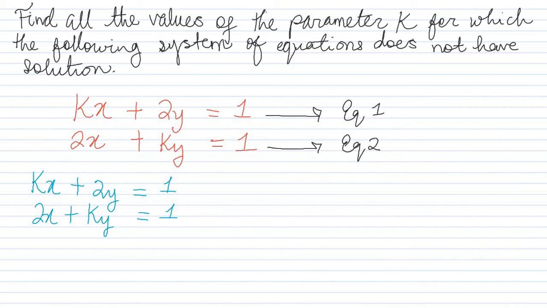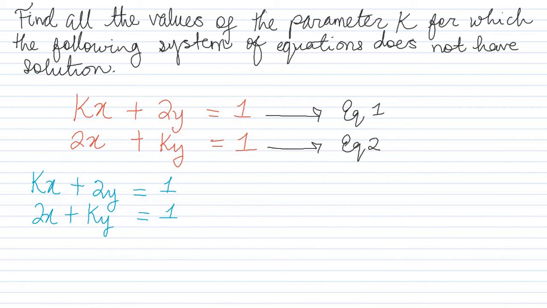The way you can work on this is we're going to try the elimination method, because if we can eliminate one of the variables in order for us to solve for the other, usually, honestly, that's the easiest way. So you have kx plus 2y equals 1 and 2x plus ky equals 1. What is something that you can multiply at the top and at the bottom in order for us to eliminate one variable?